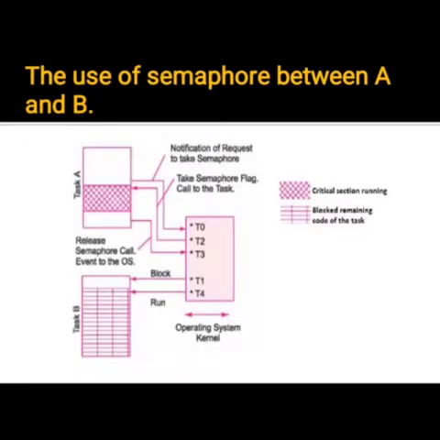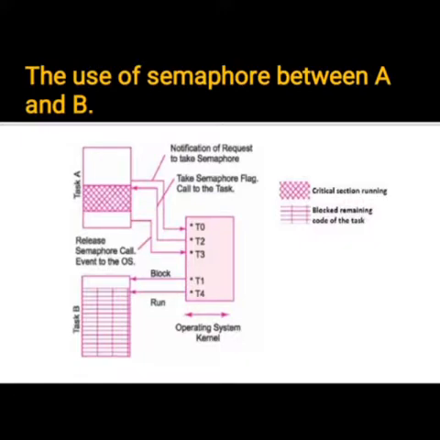Now we will see how we can use a semaphore between tasks A and B. Here it shows two tasks, task A and task B, sharing the same resource. Here they have taken 5 states, that is T0, T1, T2, T3 and T4.